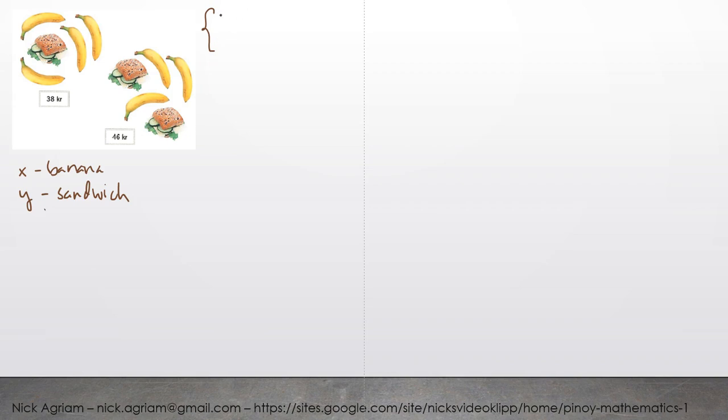There are 4 bananas and 1 sandwich is equal to 38. And we have 3 bananas and 2 sandwiches is equal to 46.